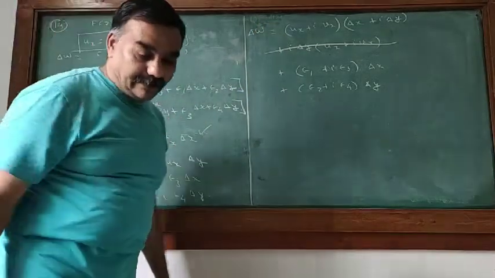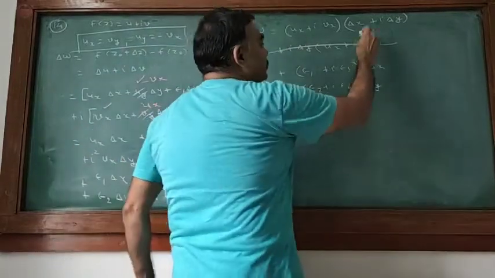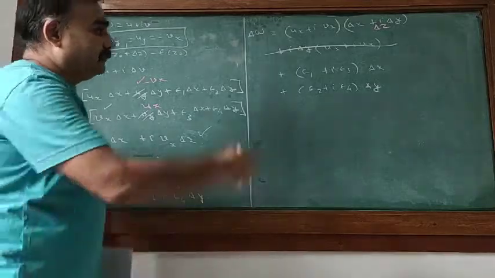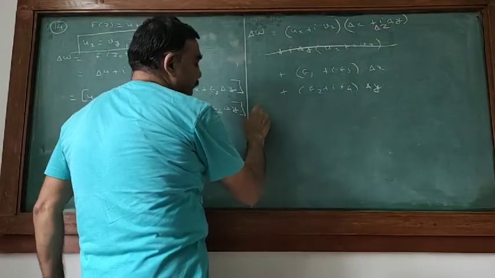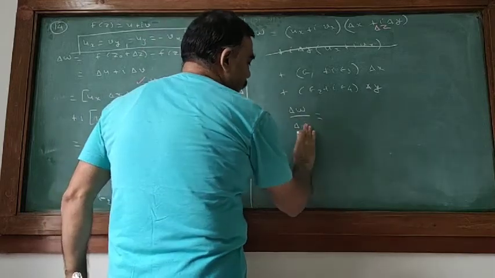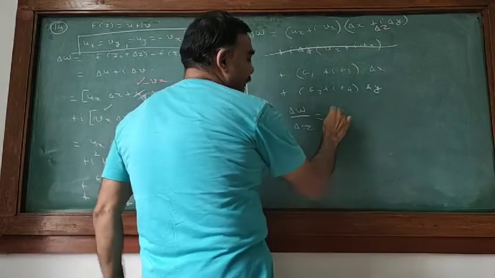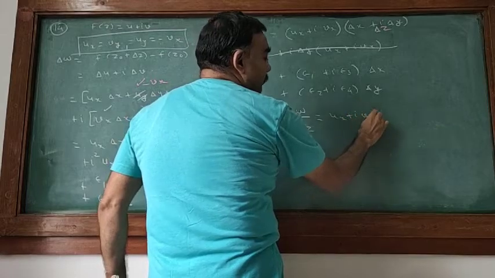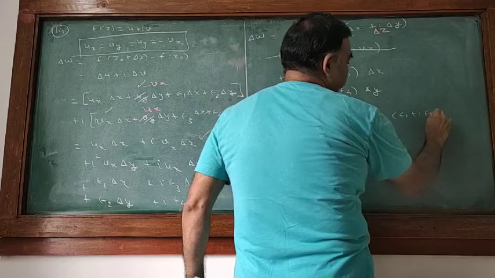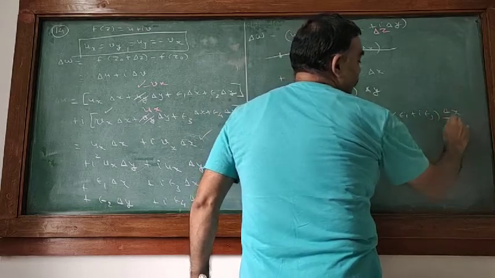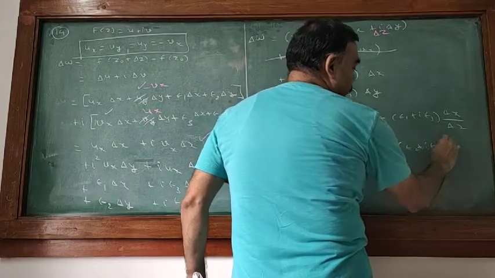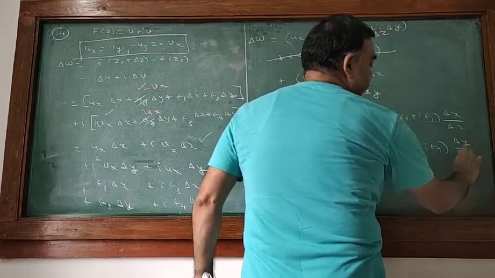Now delta x plus i delta y, this is delta z. And therefore if we divide all these terms by delta z we have ux plus i vx plus epsilon 1 plus i epsilon 3 delta x upon delta z plus epsilon 2 plus i epsilon 4 delta y by delta z.